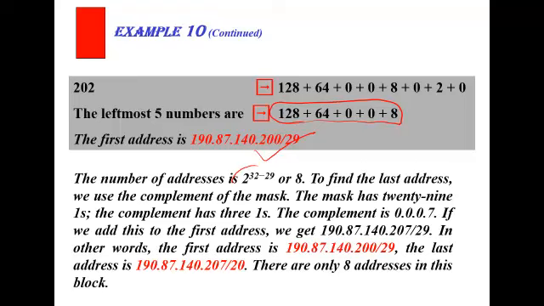Then number of addresses, you know very well the formula, 2 to the power 32 minus the prefix length value. So 32 minus 29 becomes 3, and 2 to the power 3 equals 8. Only 8 addresses will be there in this particular block. Now to find out the last address, it's very simple. We can use the complement method of the mask. Then 29 ones are there. If we complement it, then it becomes 0 and 3 ones are there.